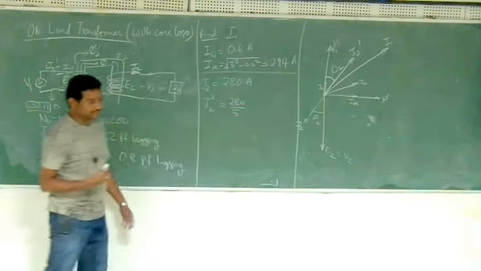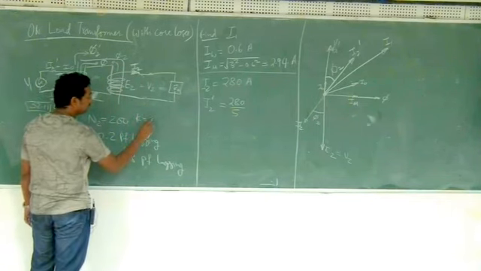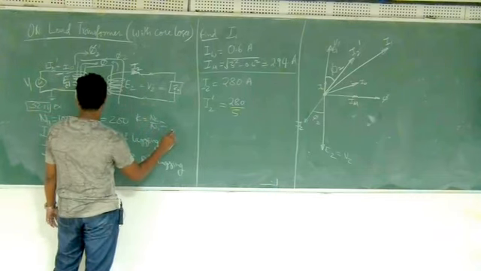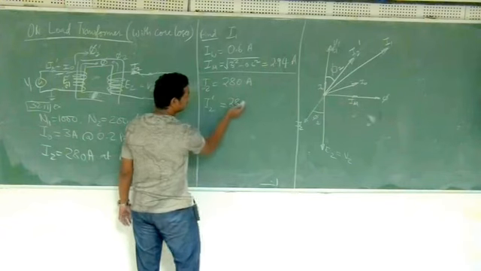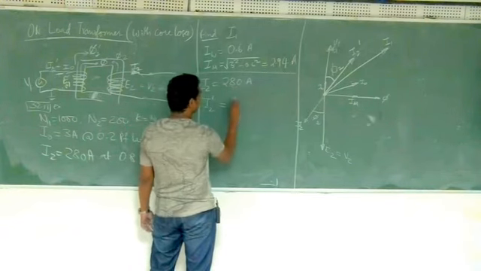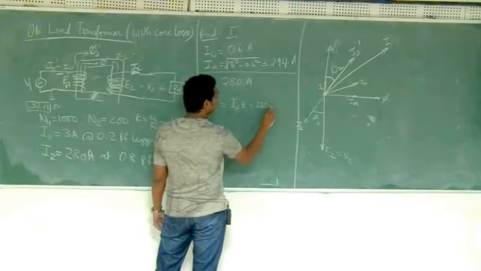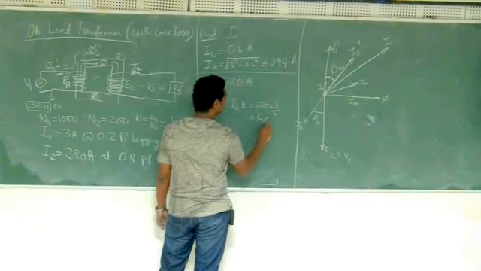Where 5 is your transformation ratio, or K equal to N2 by N1, which is nothing but 1 by 5. So I will write it something like this. I2 into K is nothing but 280 into 1 by 5. How much is that? 56 amperes.